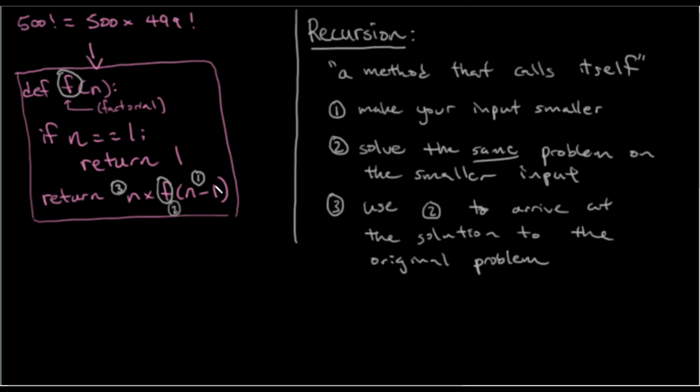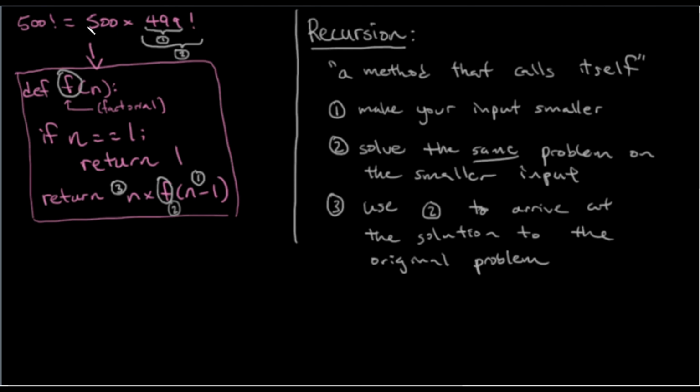And that is the general form of recursion. If I were to label these 3 steps over here, we would say that making our input smaller would be changing 500 to 499. That would be our first step. Solving the same problem on that smaller input would be that step right there, finding 499 factorial.